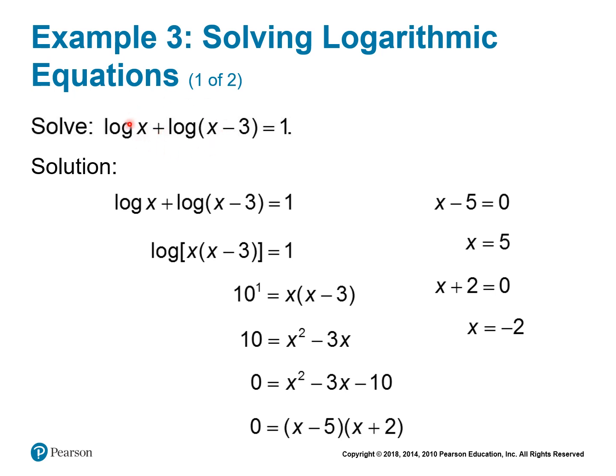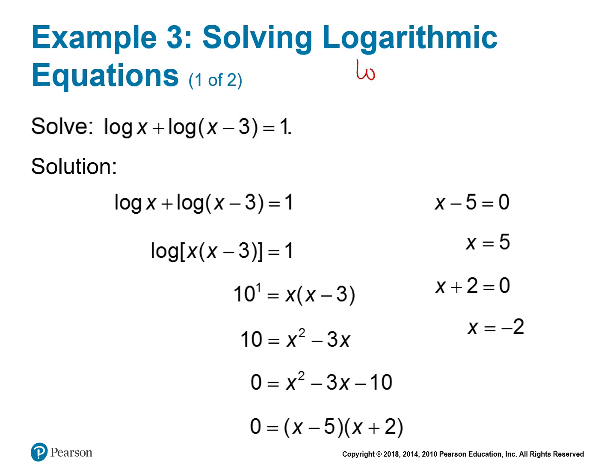So when that situation happens, then we can condense this entire expression on the left-hand side and rewrite it with a single log using the product rule of logarithms that we learned before. All right, so let me just rewrite here what the product rule states.